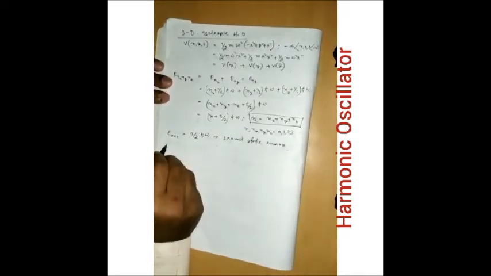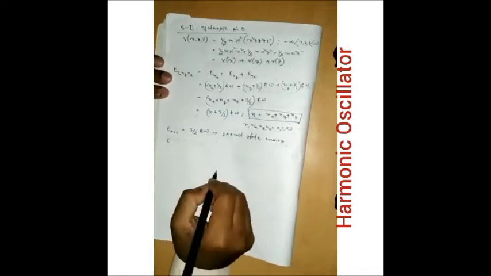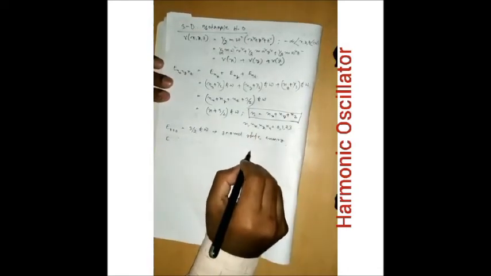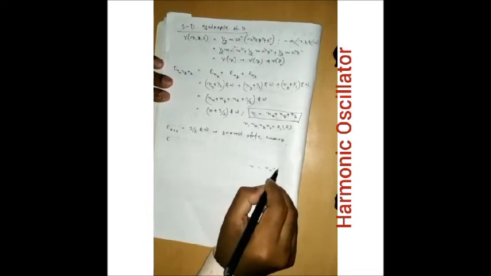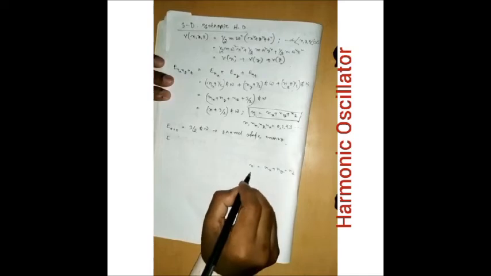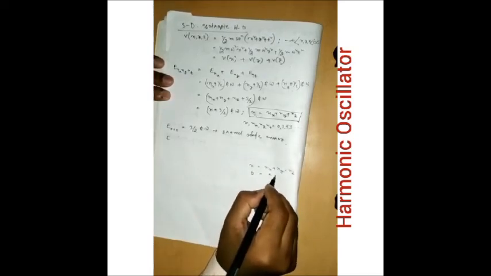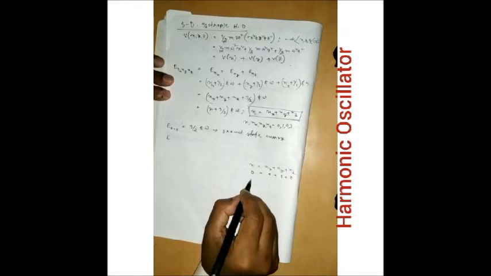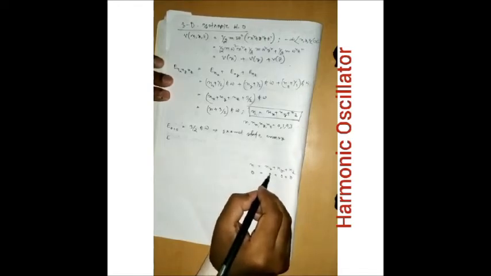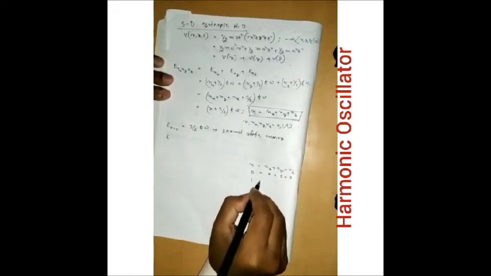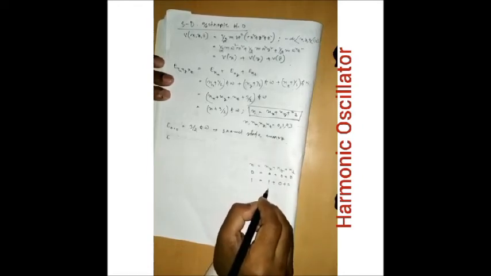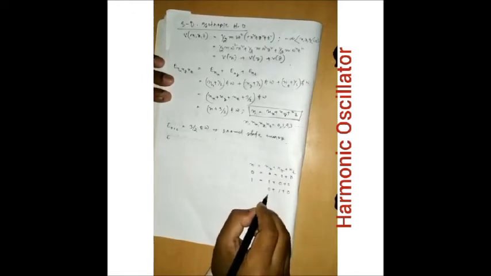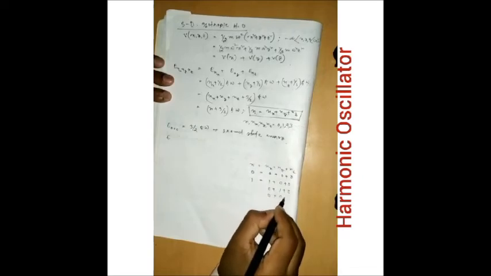And for first excited state, so I can write, if I make the table, n equal to nx plus ny plus nz. For ground state, we put 0 plus 0 plus 0. For first excited state, we can have 1 plus 0 plus 0, or 0 plus 1 plus 0, or 0 plus 0 plus 1.